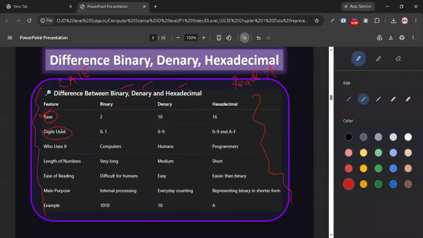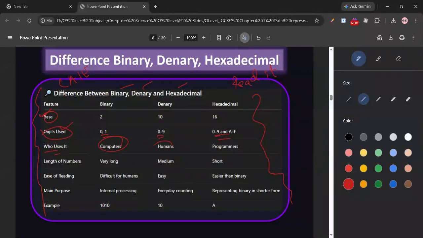They might talk about the digits. So there will be some possible answers for the differences between binary, denary, and hexadecimal. You don't have to memorize everything. Just remember the base, then the digits used: zeros and ones, 0 to 9, A to F. Who uses it? Binary is used by the computer.